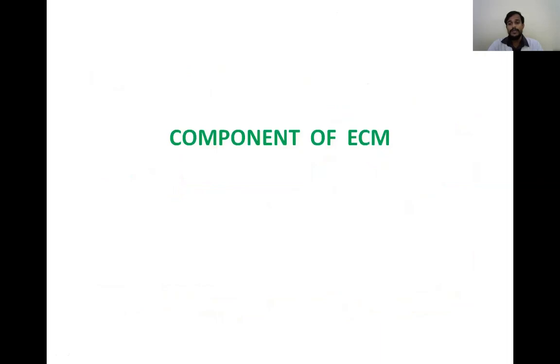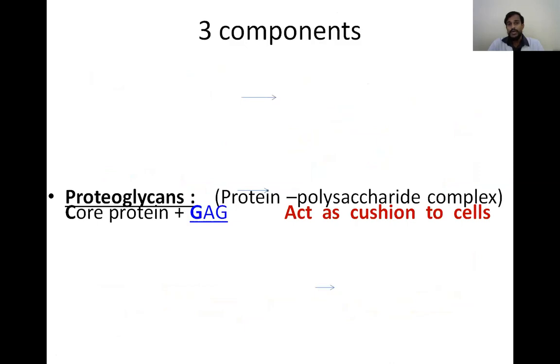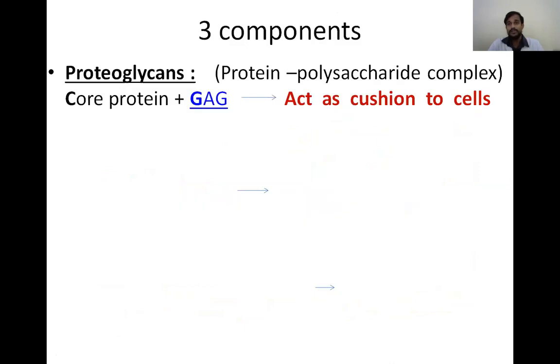So what are the components of extracellular matrix? There are three important components in the extracellular matrix. So the first one is proteoglycans. It is a complex of proteins and polysaccharides. That means it contains a core protein and glycosaminoglycans.